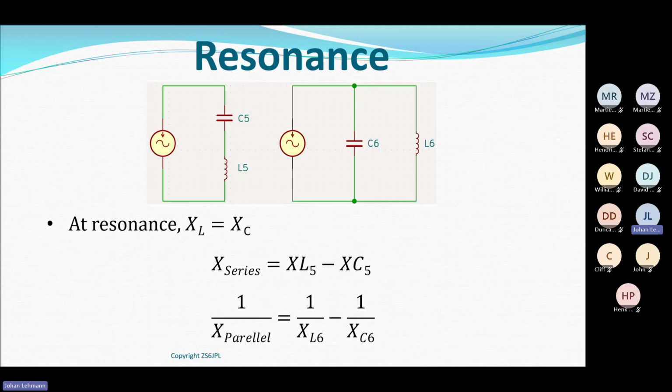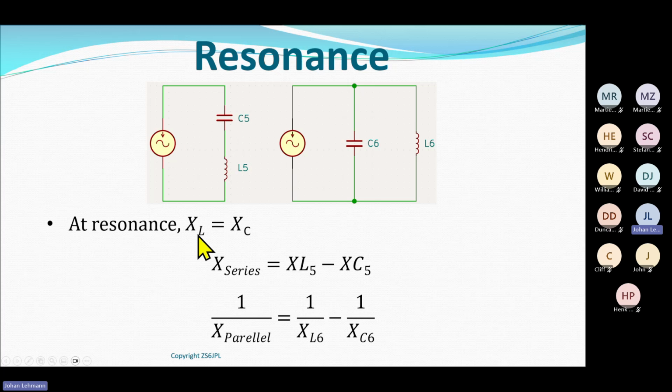So, if I put an inductor and a capacitor in series, like the first drawing I have here, I would use the normal resistance formula where I add the reactive component XL of the inductor to the reactive component of the capacitor, but now the capacitor's value is minus. So this is the secret of resonance. When resonance occurs, the reactive values of the capacitor and the inductor will be equal.